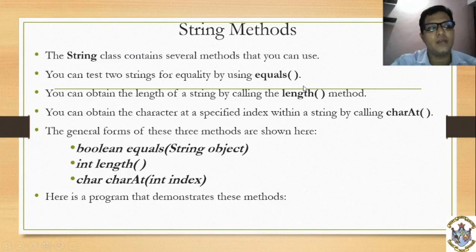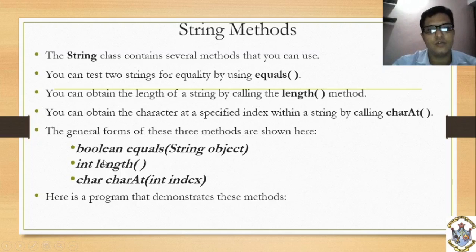If I want to find the length of the string, I am going to use the length method. If you want to find the character at a specified index location of a string, you use the charAt method. Got it? Let me see the general syntax of equals, length and charAt methods.